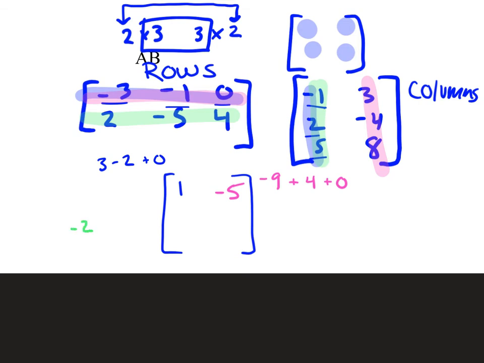What's next? -5 times 2, which would be -10. And then 4 times 5, which is +20. So what's -2 minus 10 plus 20? 8. Awesome. And then what's last?